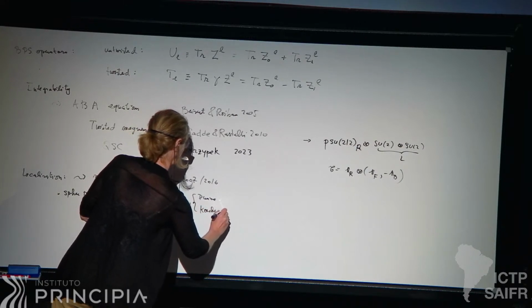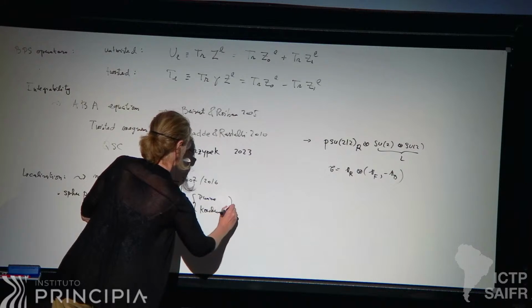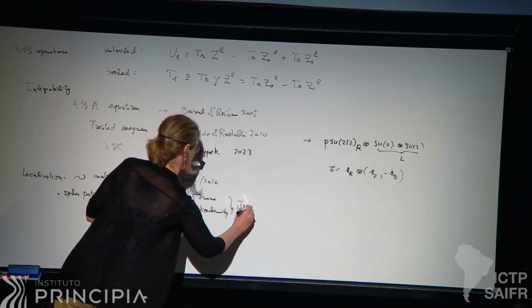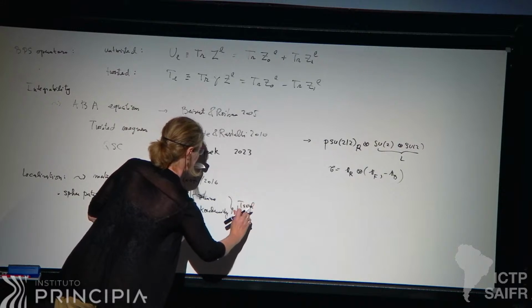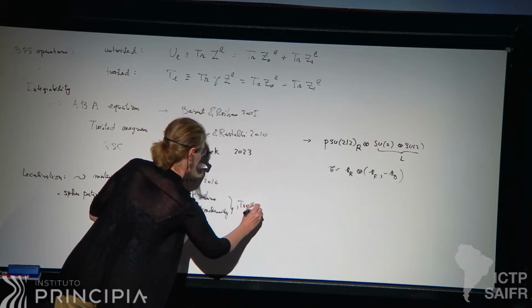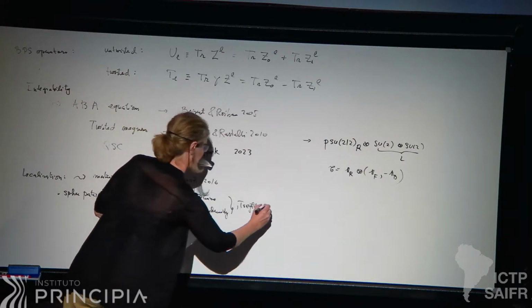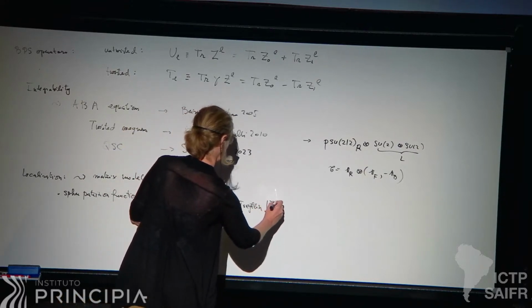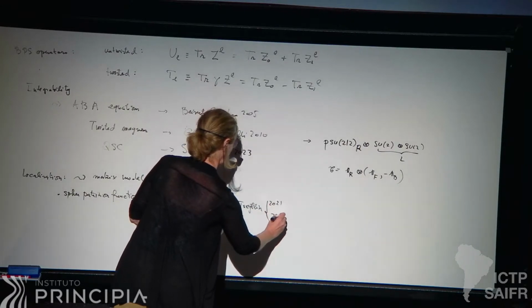So there are an ensemble of collaborators, let's say, so the 2 references are one from 2021 and one from 2022.